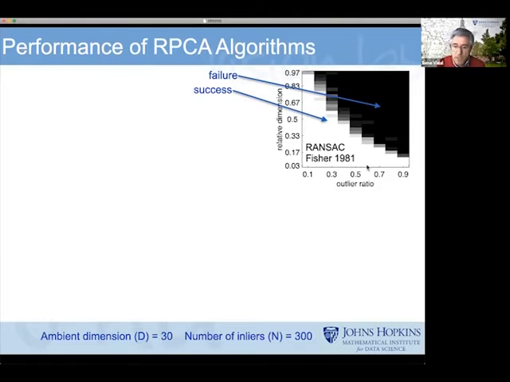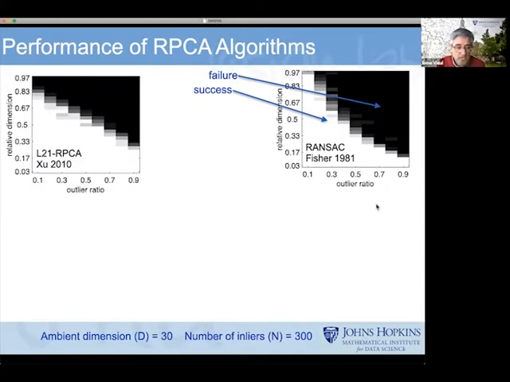As you can see, it works very well, as I already stated, provided that the dimension is sufficiently small or the percentage of outliers is sufficiently small, but clearly fails in the high outlier ratio and high relative dimension domain. This is the case for RANSAC, but this is also the case for the sparse plus low rank decomposition method, which is a little bit better.